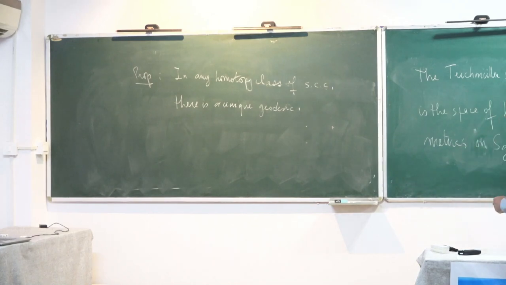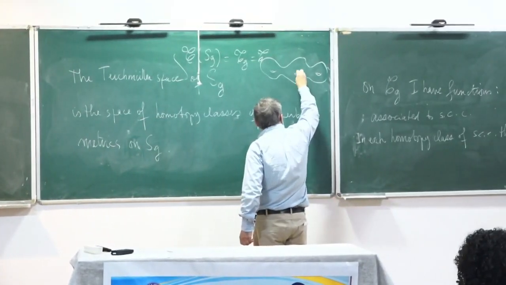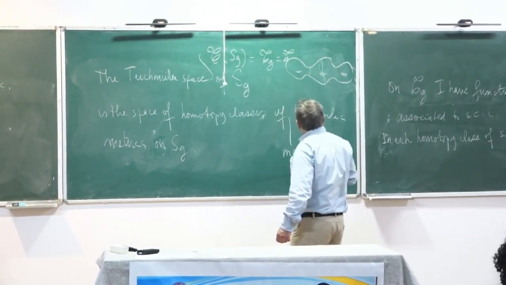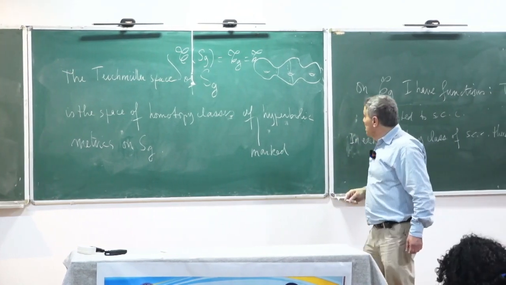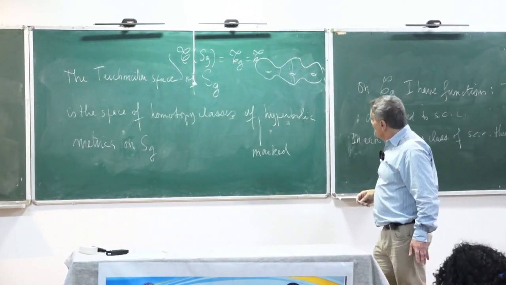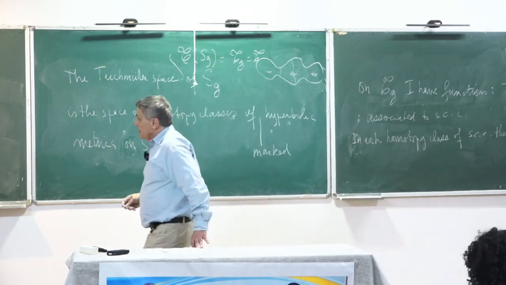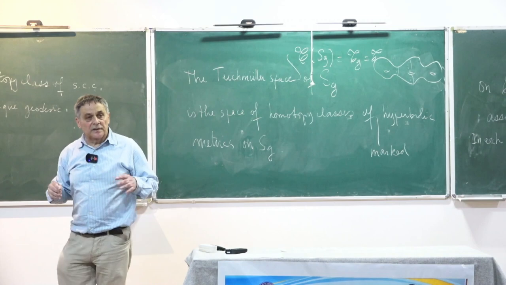So, for instance, this one here, I have a unique geodesic. This one here, I have a unique geodesic in this class. So, how do you prove this? This needs a proof, and the proof is not very difficult.